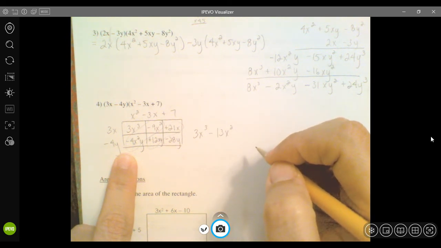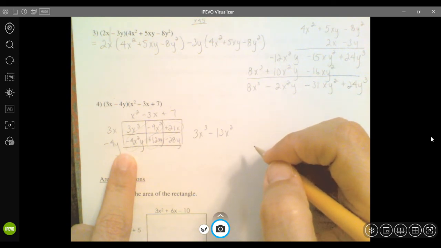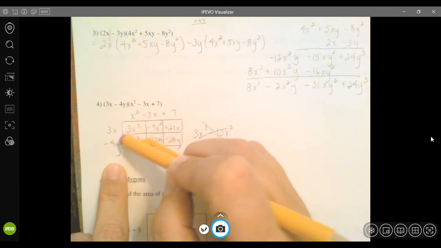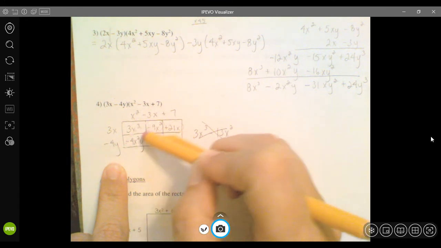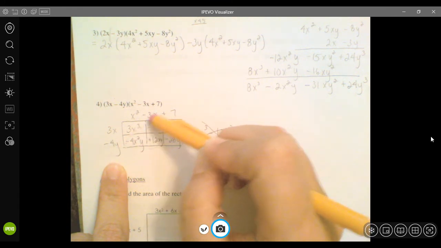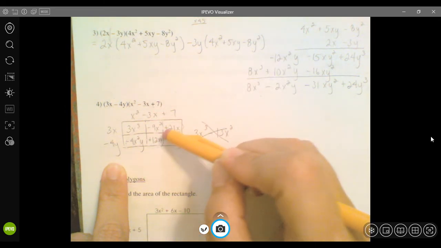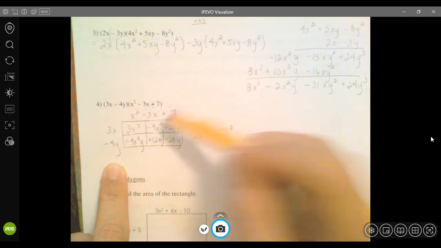Whoa, whoa, whoa. That's wrong. Dude, what am I doing? If we had like terms, they'd be in the diagonal. Dude, there are no like terms here. Come on, Robes. So guess what?